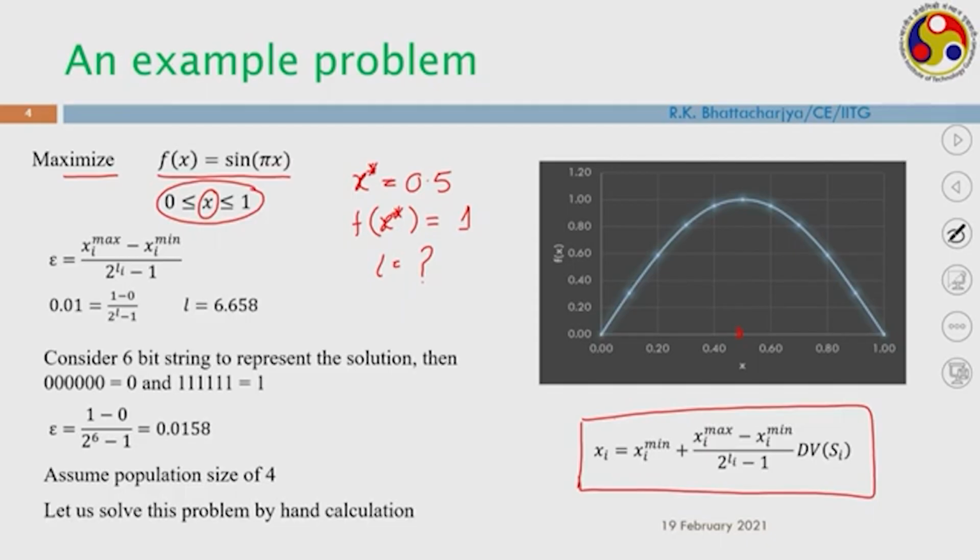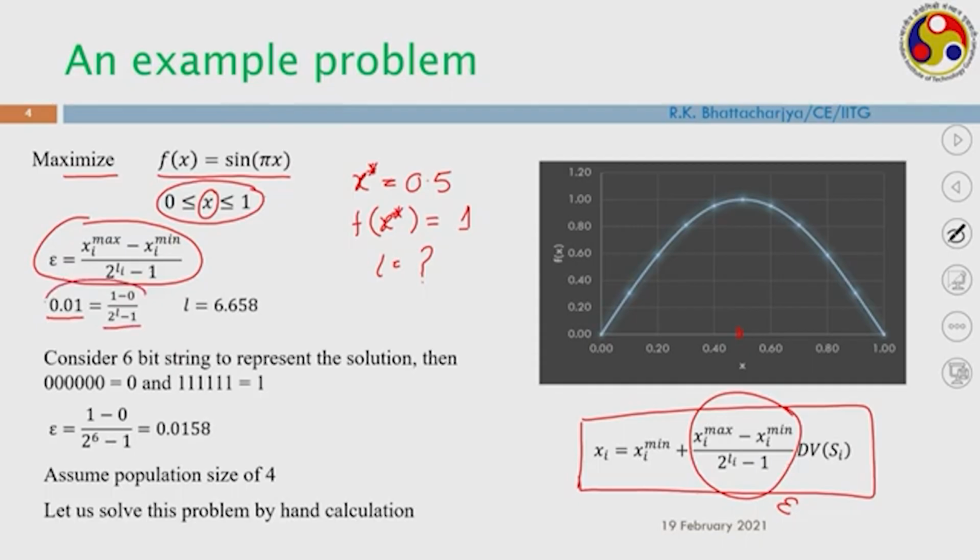So, I can use this mapping. This is showing the precision. Okay. What type of precision you want basically. Now, epsilon is my precision here, and suppose I need a precision of 0.01. In that case, what is x max? x max is 1, and x minimum is 0, and 2 to the power L minus 1.